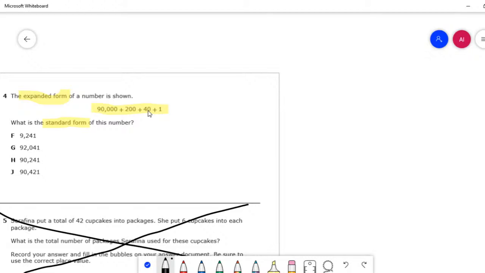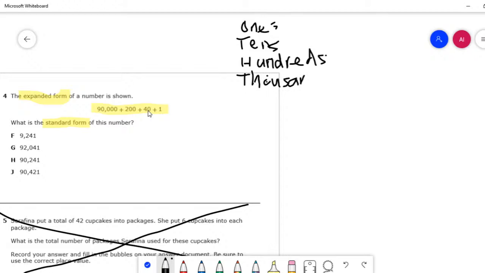The main place values that we will be talking about today, let me write it at the top here, will be ones, tens, hundreds, thousands, and 10,000s.